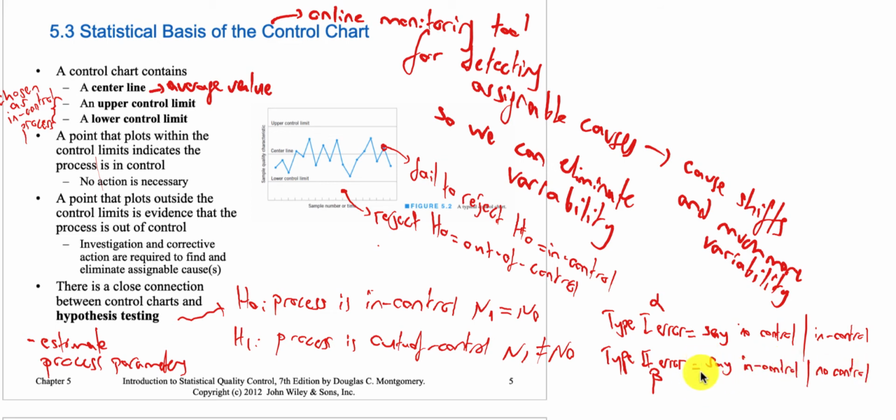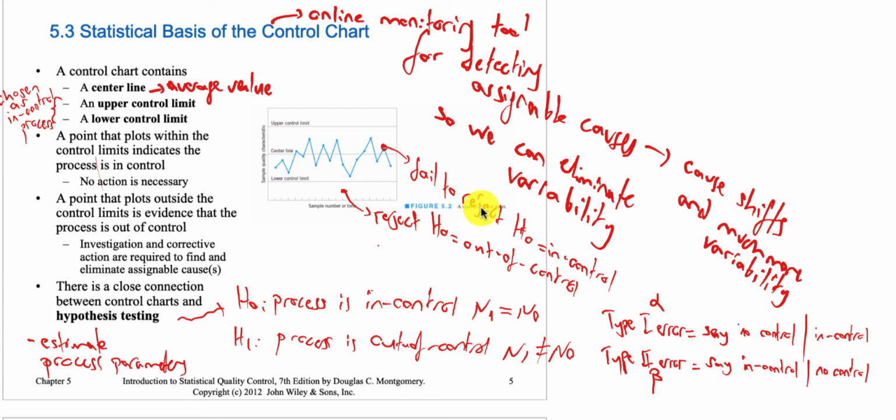All right, these are the errors, and you can make a relation between the general hypothesis testing we have seen in the statistics course and the hypothesis testing in the context of control charts. There is a relation between them, all right?